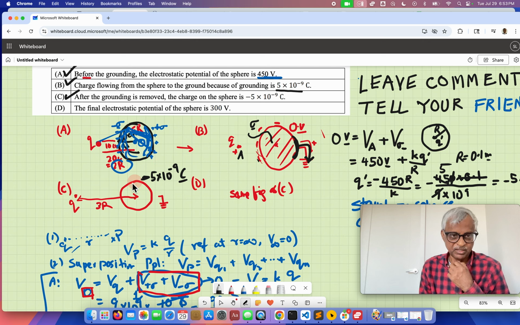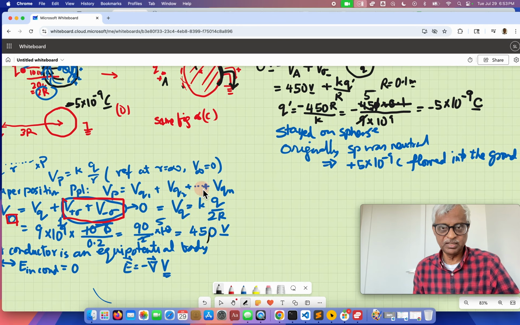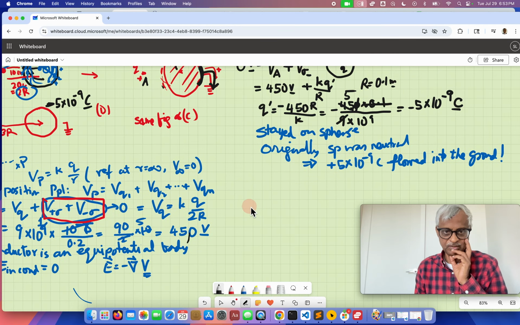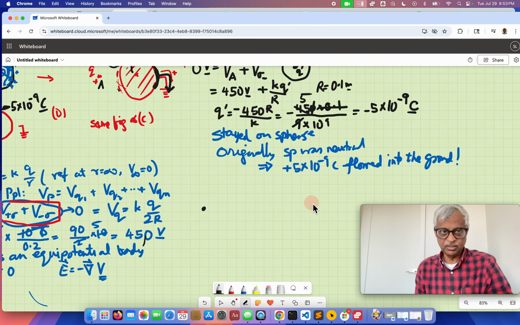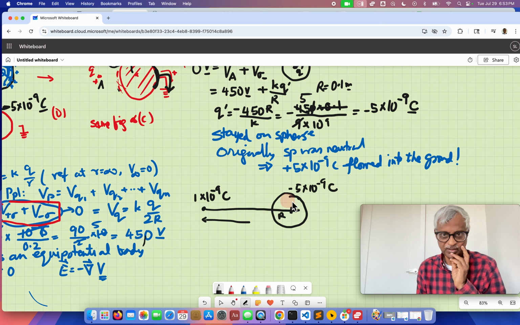But what is the potential over here now? Well, Q is way out there. So let's work out what the potential will be. We have a Q here, and these Qs are minus 5 times 10 to the power minus 9 coulomb, and this is 1 times 10 to the minus 9 coulomb. This is R. I've drawn it too far away, too small a sphere, but this distance is 3R.